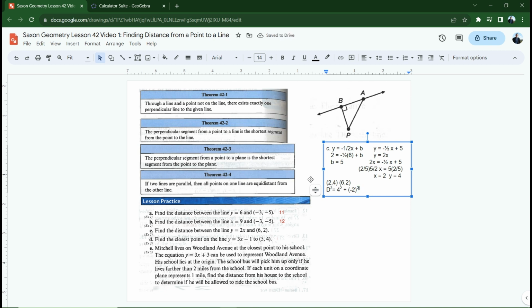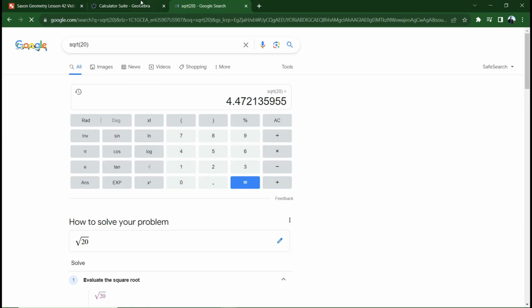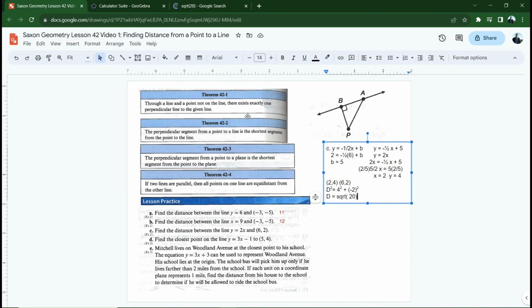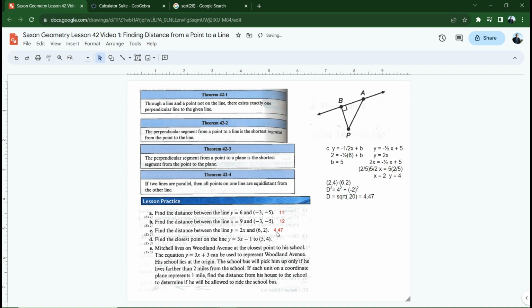So d squared equals 16 plus 4. So we're going to have a square root of 20 situation here. d equals the square root of 20, because 4 squared is 16, negative 2 squared is 4. I get 4.47. Let's see if that's the right answer for this one. 4.47? Yes.